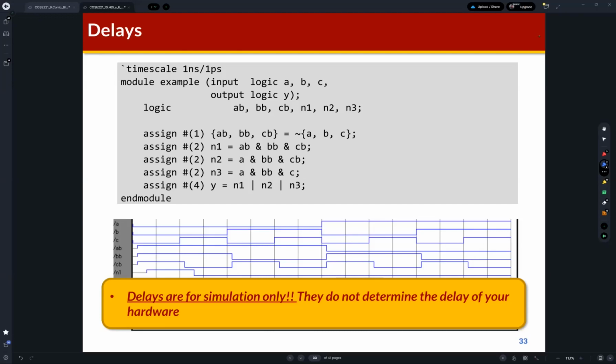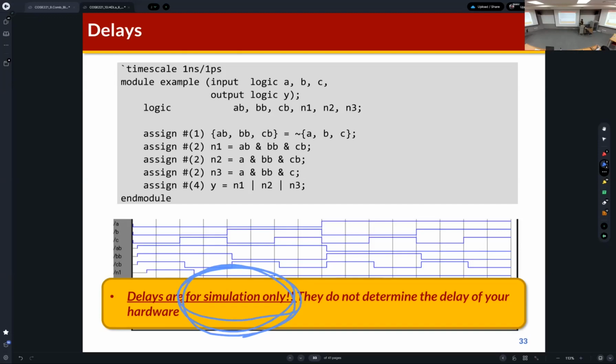Delay is only reflected in simulation. So even though we set the delay like 1 nanosecond here, when this project is synthesized, this delay is not reflected in the synthesized module. Okay? Delays are for simulation only. So you need to remember this. Right?